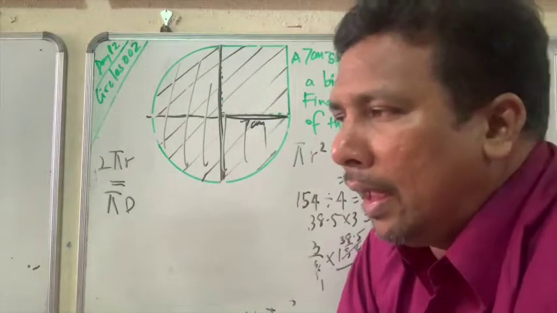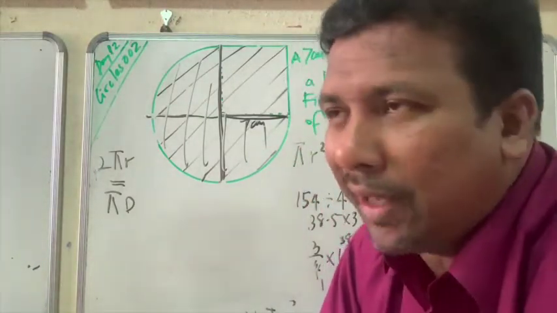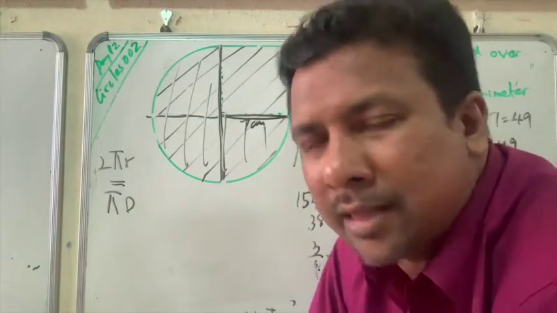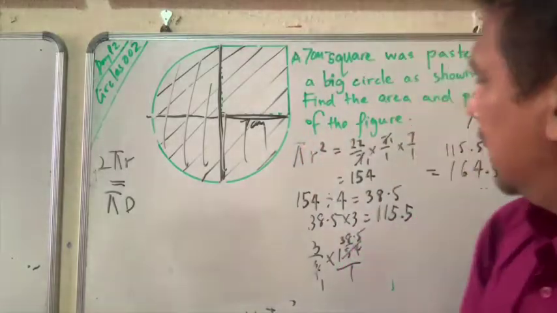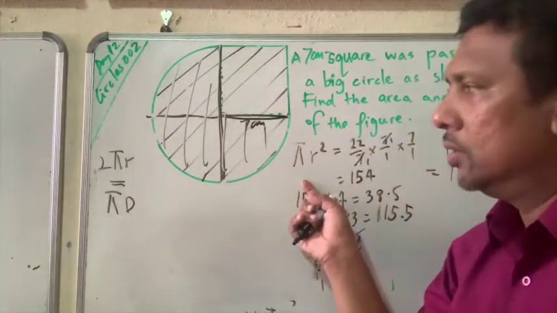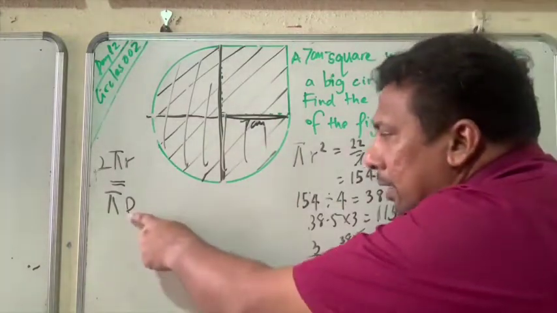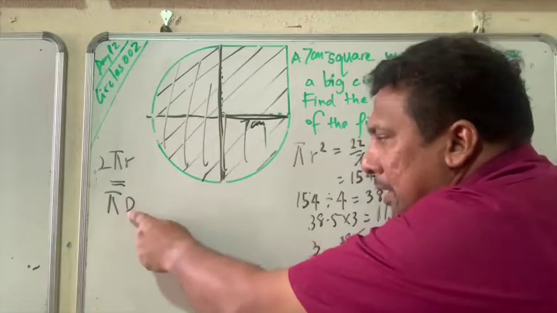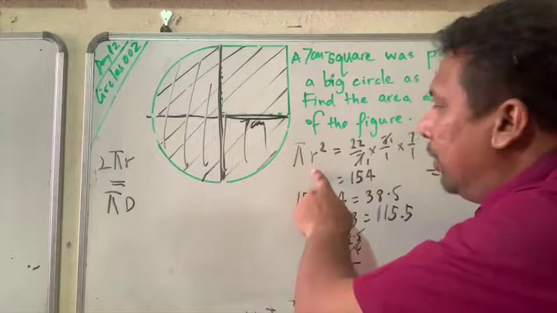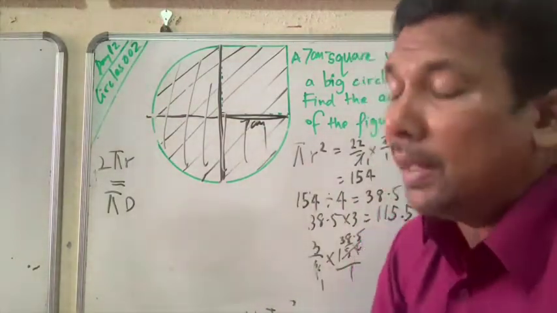Well, I've had some students who get confused between the formula for area and circumference. They say that sometimes pi r squared is the formula for circumference. So because of that, I use a different letter here. You can see pi times d. When you see d, remember this is for circumference, and if you are using r, it is for area. So it may help them.